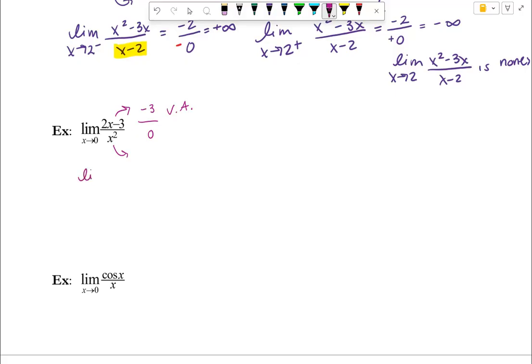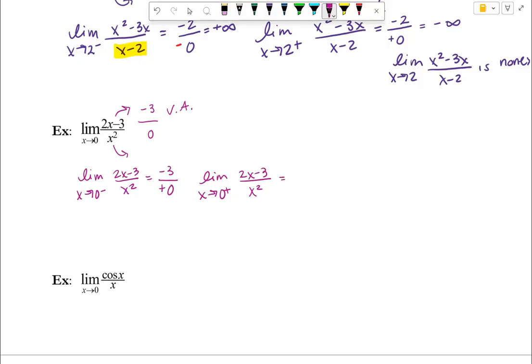So as we break this out into the two one-sided limits, we want to be careful with our limit notation. All right, so if I think about my numerator, as I approach 0 from the left, so a tiny negative number, when I square that negative number, I'm going to get a positive number.